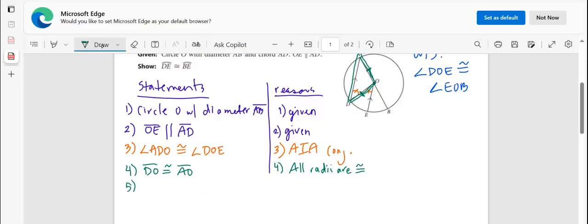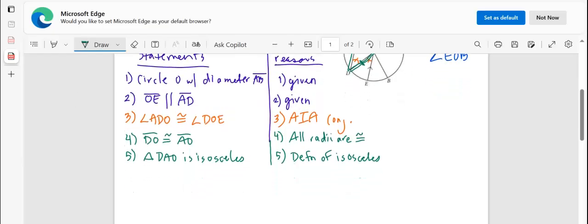Which leads me to conclude that triangle DAO is isosceles, and that is the definition of isosceles. And because I have an isosceles triangle, we learned in chapter 4 that the base angles are congruent.